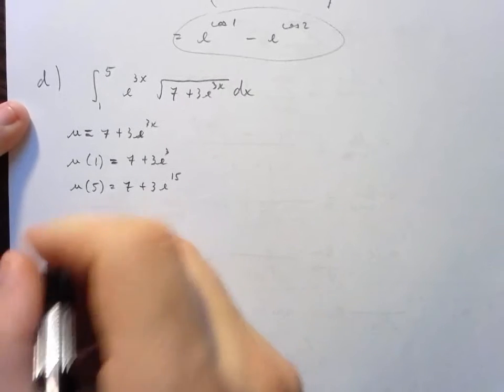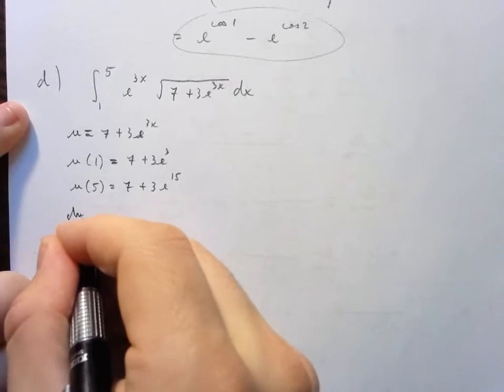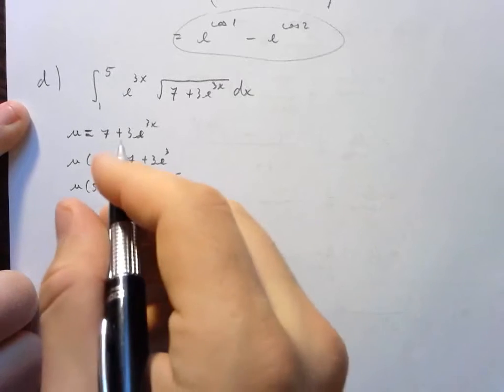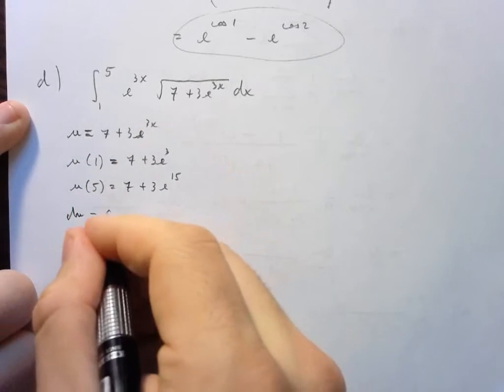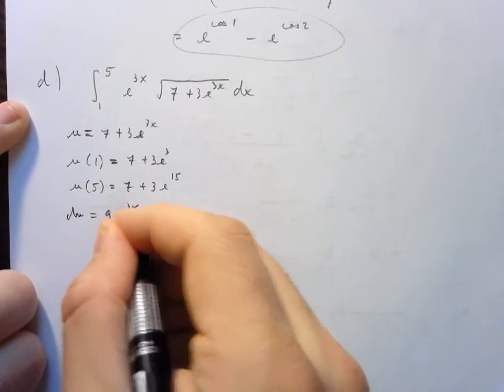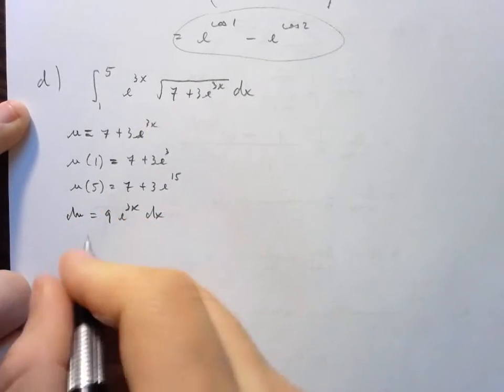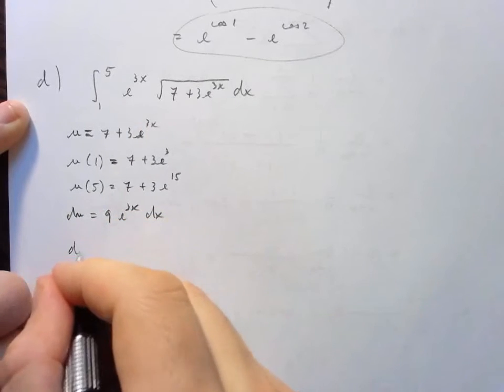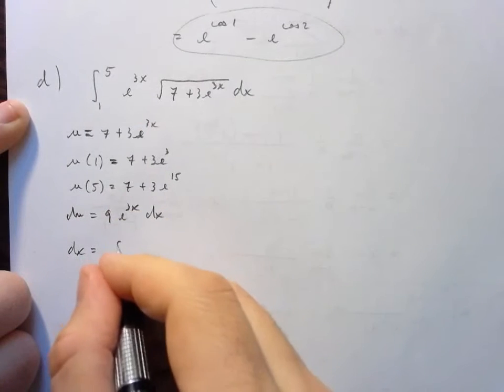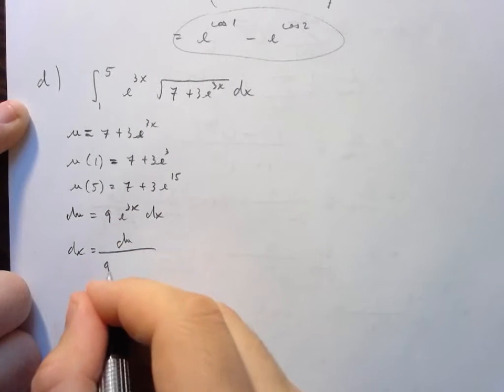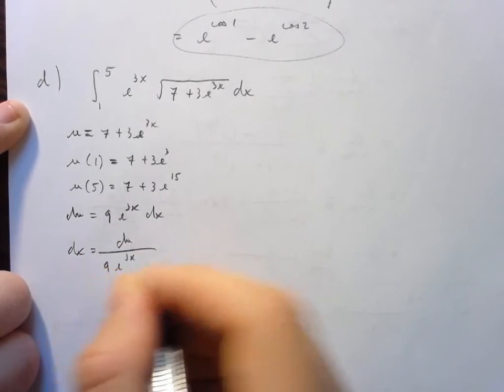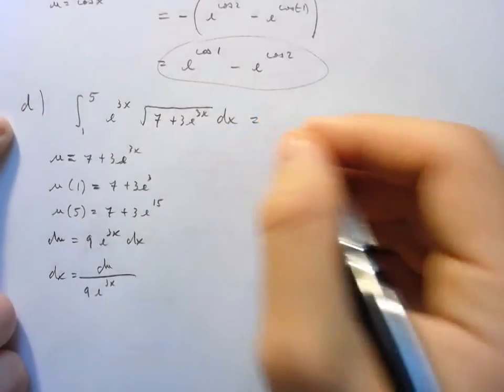And now I have to compute du. So du is going to be 9e to the 3x dx, and if I want to solve for dx, that means dx is going to be du divided by this, and we're ready to substitute things back in.